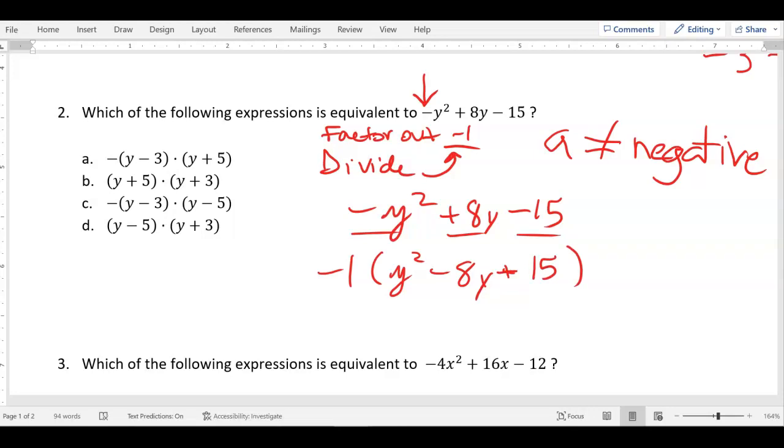Okay, now what I do with that is now I need to factor this, because a equals 1, right? Over here, there's no number in front of y squared in the parentheses. I need to find the factors of 15 that add up to negative 8. So 15 is going to be 1 times 15, negative 1 times negative 15.